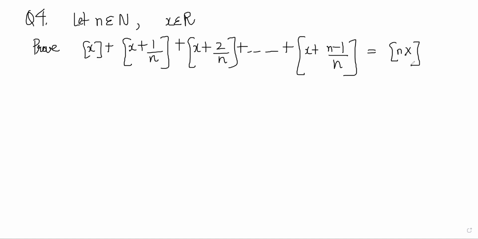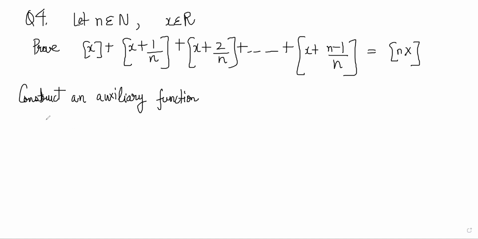So obviously this problem can be approached in different ways, but what we will do is a nice proof on the basis of defining or constructing an auxiliary function. So what I will do is construct an auxiliary function f of x.